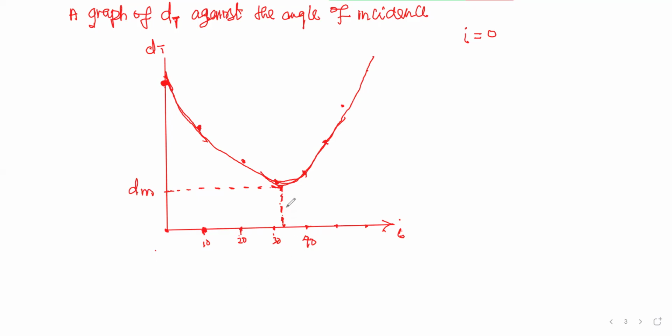And at this angle of incidence, I must be equal to E, and R1 must be equal to R2. Okay, so this is a graph of minimum total deviation within the prism against the angle of incidence.